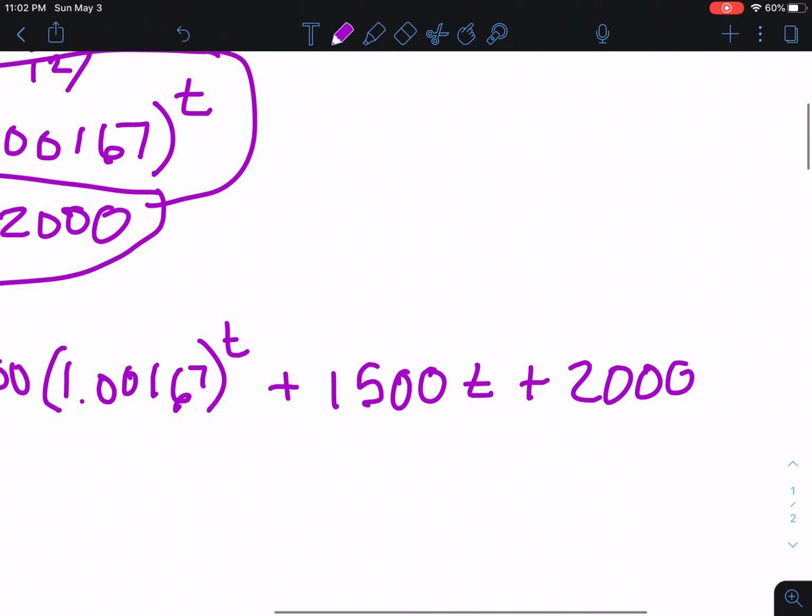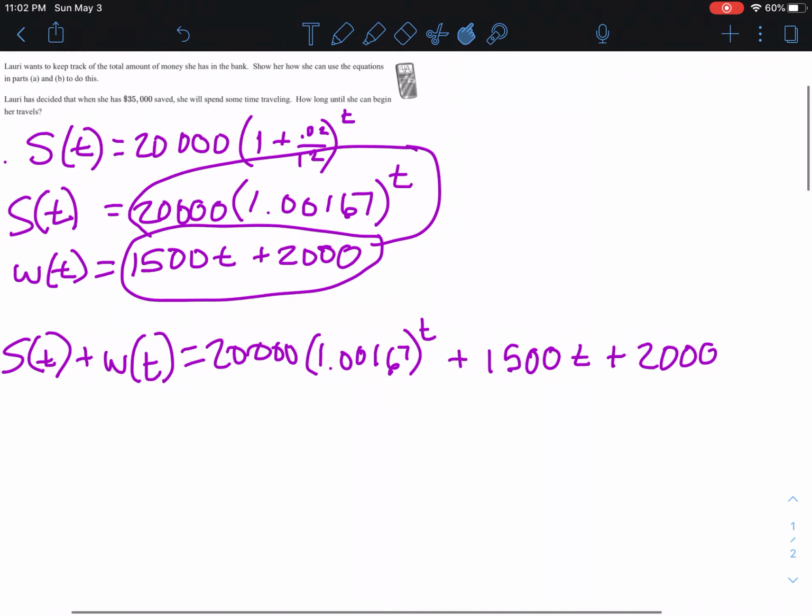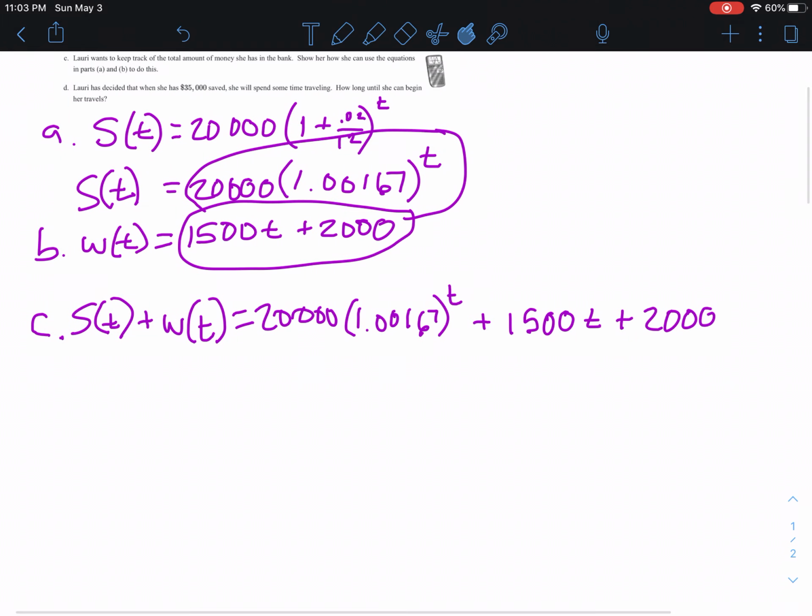Let me zoom out for that so you can see a little bit better. All right, so that's C there.